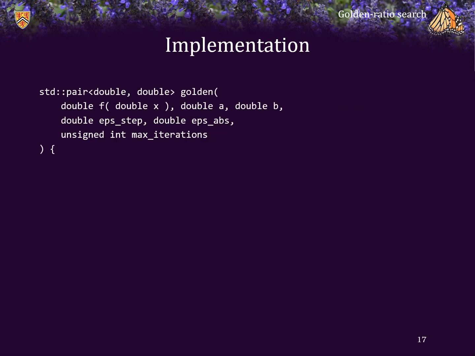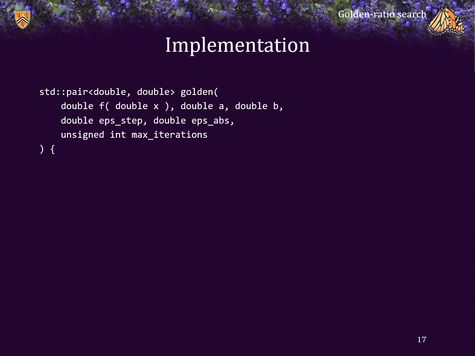Now let's define a function that calculates this golden ratio search. The first argument is the function we are trying to minimize. The next two arguments, a and b, define the interval on which we are finding the minimum, and we are assuming there is a unique minimum on the interval from a to b.